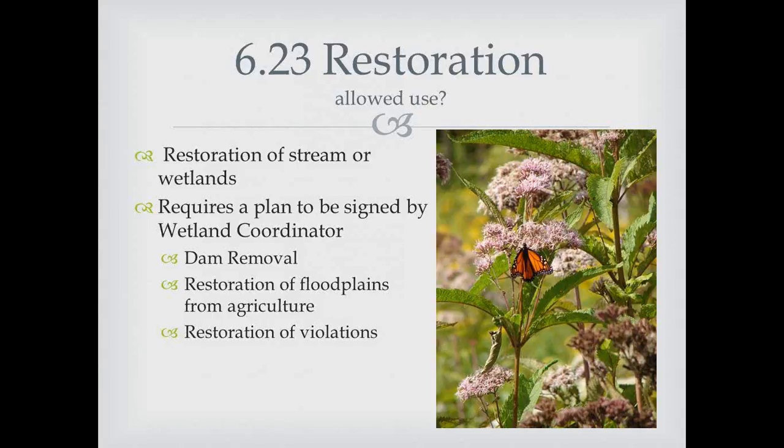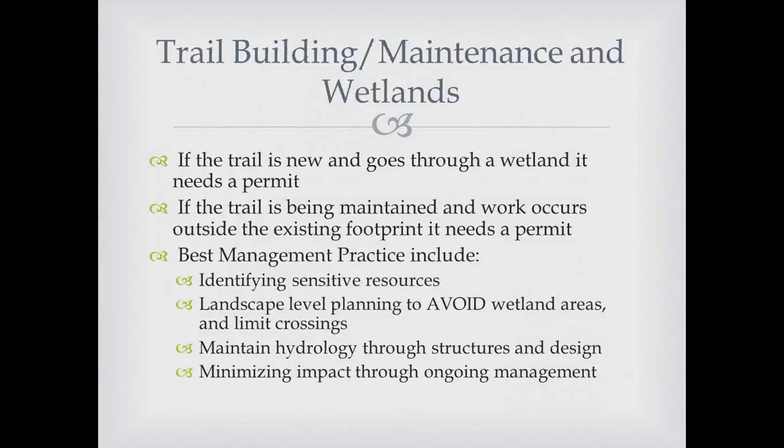Oftentimes it requires plans to be signed by a wetland coordinator and reviewed, and we realize that this can also be an activity that's involved in the landscapes you are working in. And then trail building and maintenance. Basically it's the same sort of avoidance and minimization that we're looking for there.